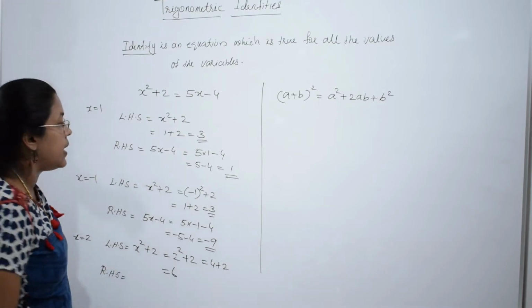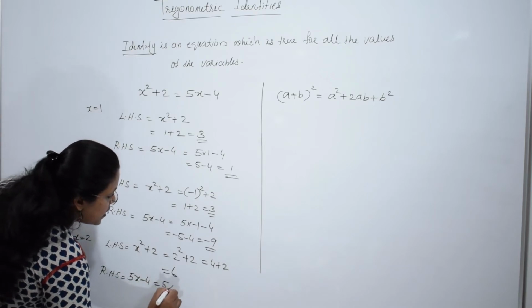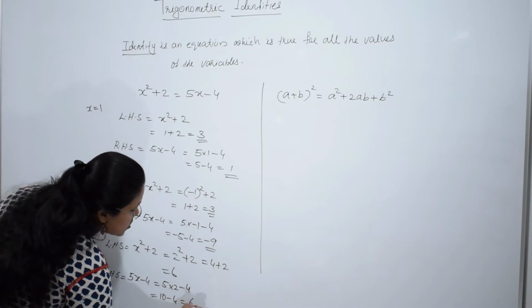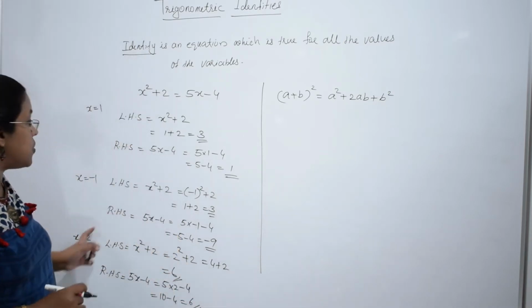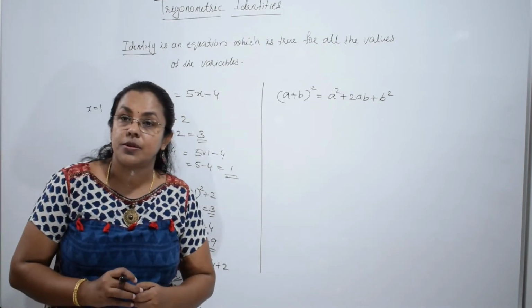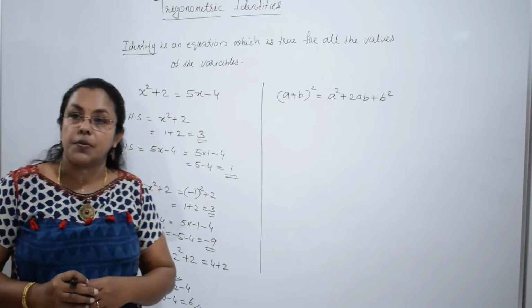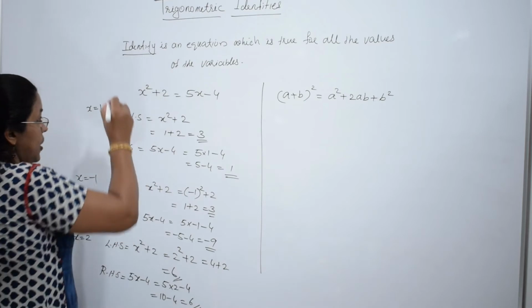Right hand side is 5x minus 4, that is 5 into 2 minus 4. 10 minus 4 is also equal to 6. That means x equal to 2 satisfies this equation. Some value of x is true for this equation, not all the values of x. So, it is not an identity.